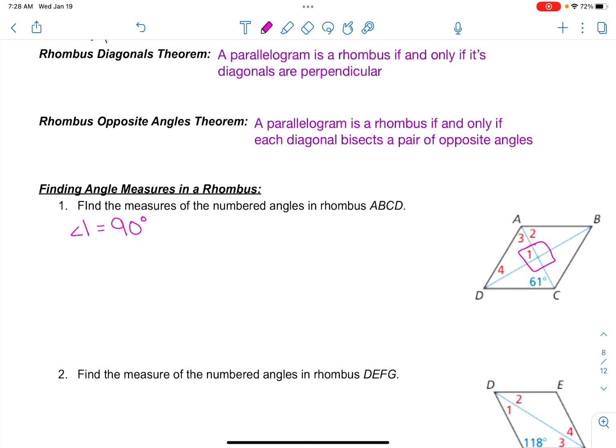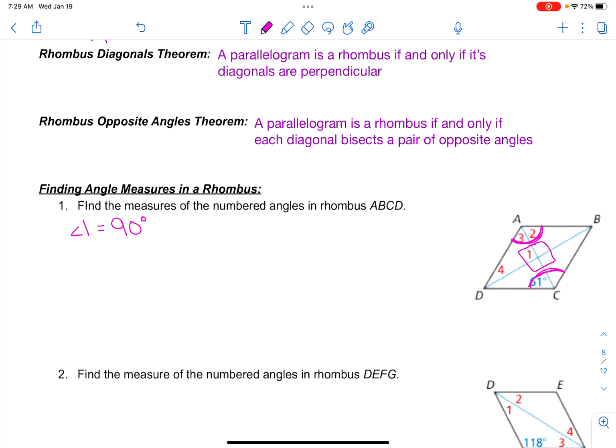Now finding angles 2, 3, and 4 is a little different. We also know that opposite angles in a rhombus are congruent because remember in a parallelogram, opposite angles are congruent. A rhombus is a parallelogram. So this whole angle here is going to be the same as this whole angle here, right?